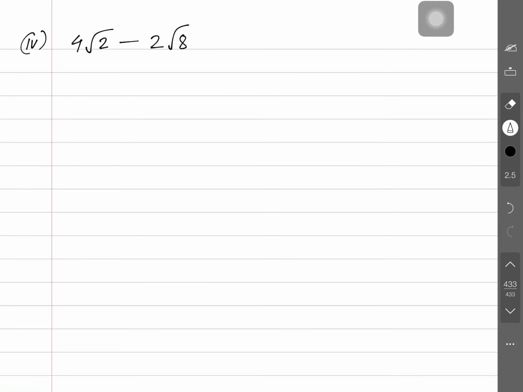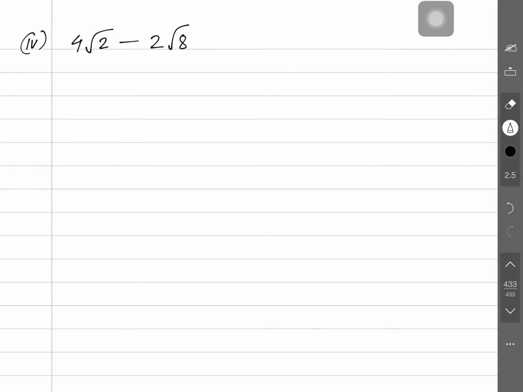Look, under root, its index is 2 here, and the radicand is a cube and b to the power 4, into a to the power 4, b to the power 3, but its index is 3.